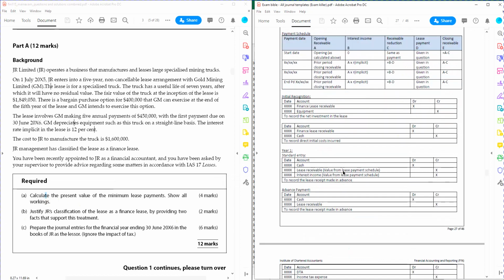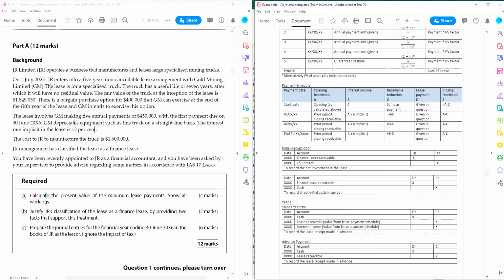Okay, so this is the important part and the tricky part. So for accounting for lessor, there's a few steps. So number 1 is initial recognition. So ordinarily what you would do is you'd recognize, first of all, a receivable. You'd recognize the receivable of the loan, and the credit will go to equipment, right? Makes sense, because your equipment's going out and your receivable is going up.